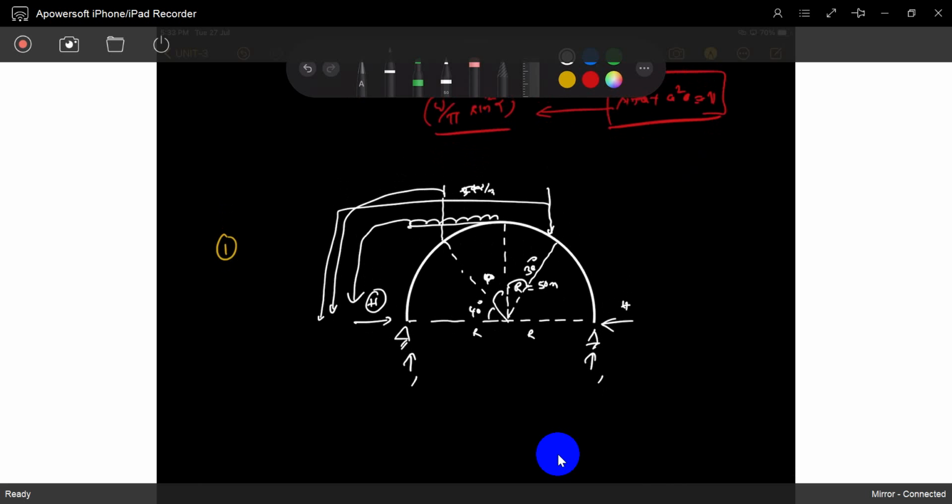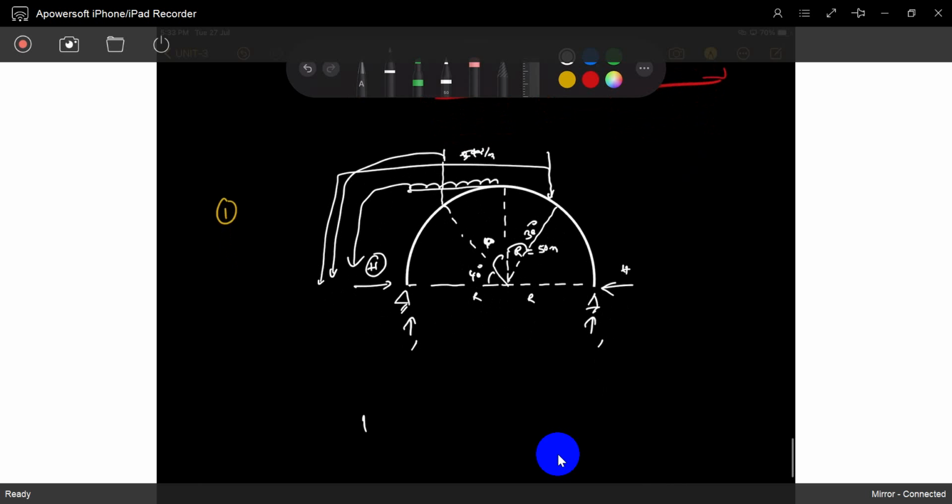Otherwise, if you don't remember the formulas, you will find the h value like this: integral 0 to L of my ds divided by integral 0 to L of y square ds.